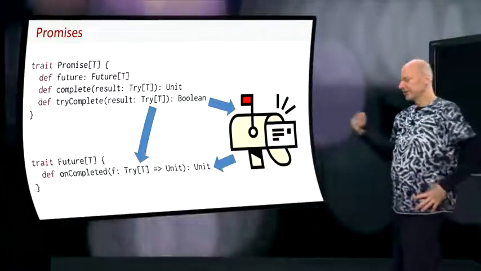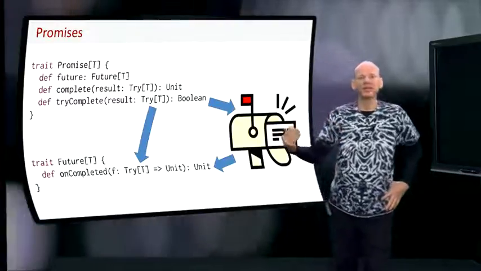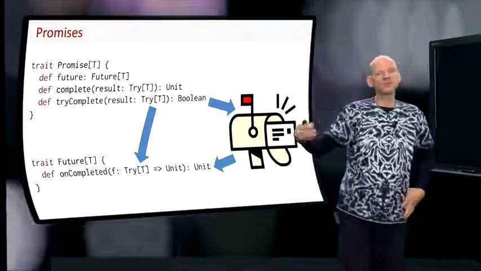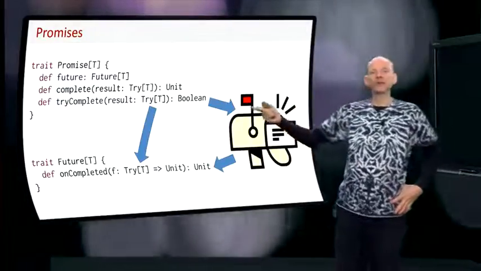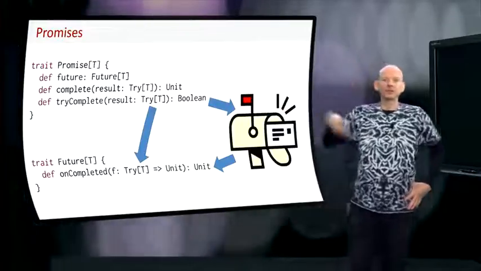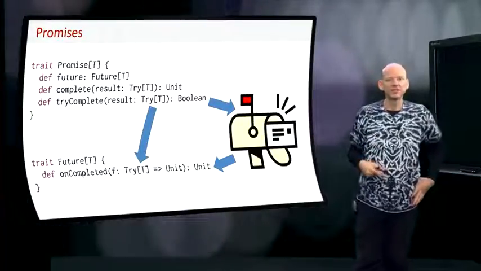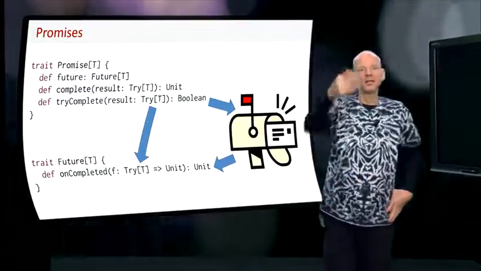And the problem is that it's a mutable variable that you can assign once. So if you would try to complete it twice, bad things will happen.